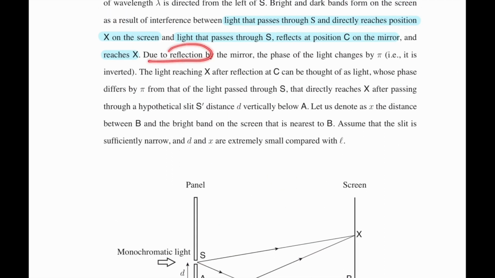Due to reflection by the mirror, the phase of light changes by pi. This is the important thing. When there is a reflection, the phase of the wave must change by pi. It is inverted.